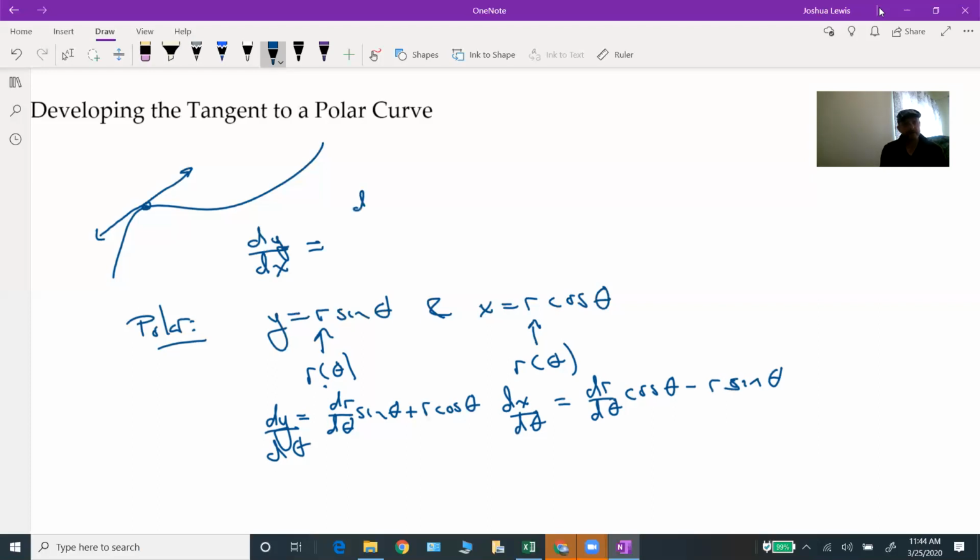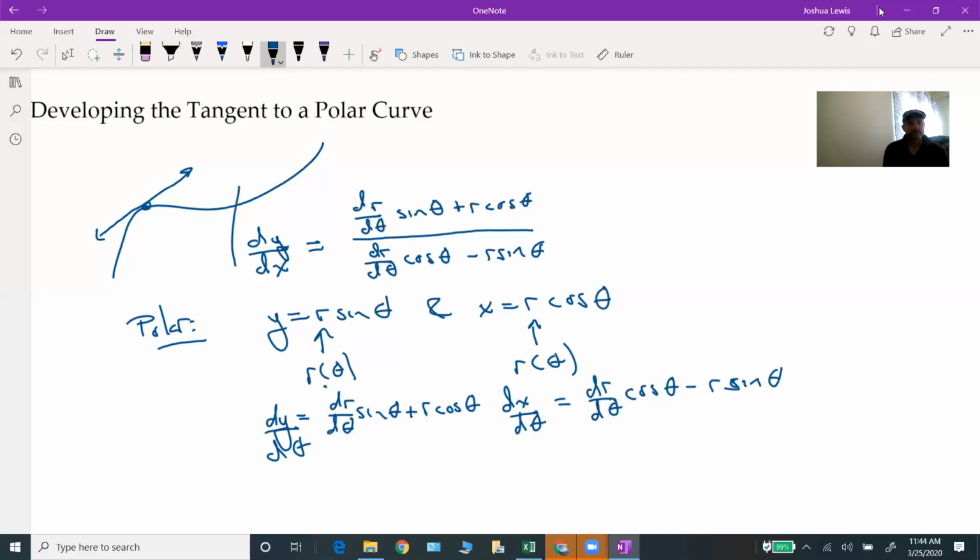Well, it becomes dr/d theta sine theta plus r cosine theta, all over dr/d theta cosine theta minus r sine theta.